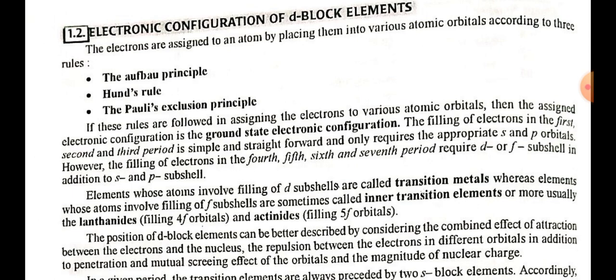Position of d block elements can be better described by considering the combined effect of attraction between the electrons and the nucleus, the repulsion between the electrons in different orbitals, mutual screening effect of the orbitals and magnitude of nuclear charge.